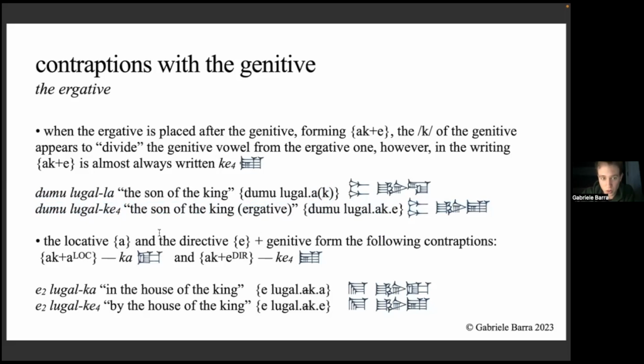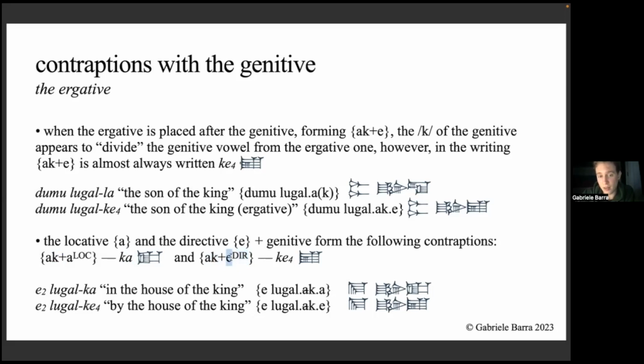And this happens with the locative as well. So when you have ak, so genitive plus a, locative, you get ka. So again, the first a gets elided. So you do have ka as a contraction, which is genitive plus locative, and ak plus e, which can be both the directive and the ergative.